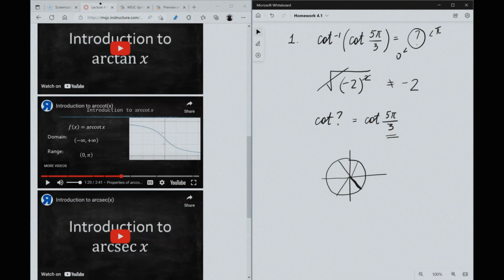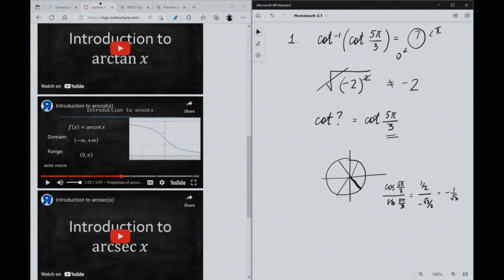It's the cosine of 5 pi over 3 divided by sine of 5 pi over 3. Cosine of 5 pi over 3 is 1/2. Sine of 5 pi over 3 is negative root 3 over 2. So the question is, for which angle between 0 and pi is cotangent going to be the same as this one?